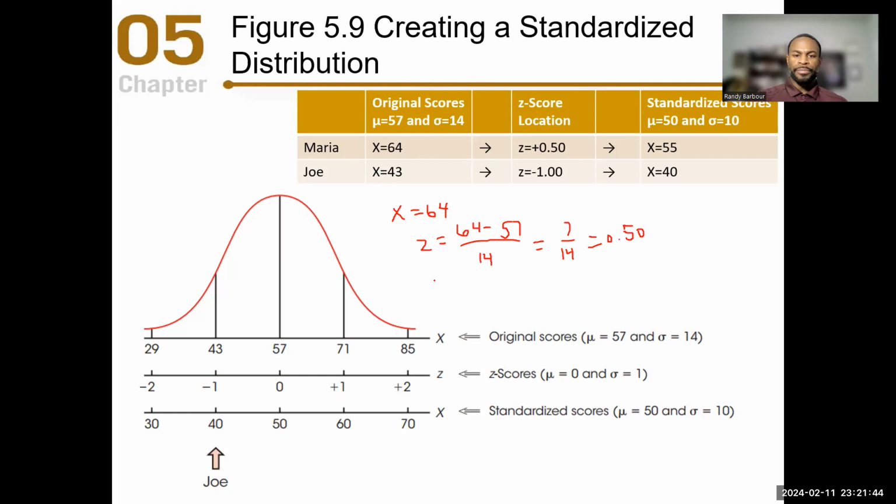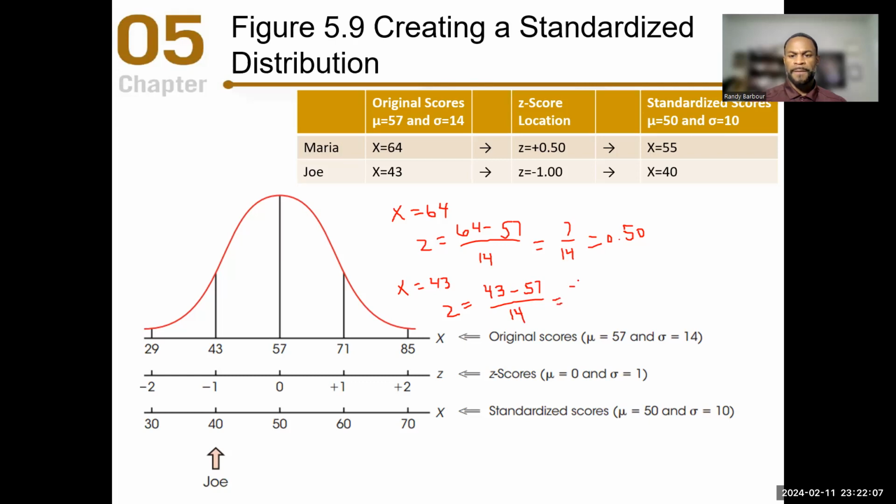Now Joe's score. X equals 43. Z equals 43 minus 57 over 14.